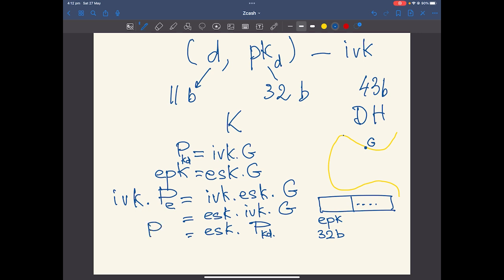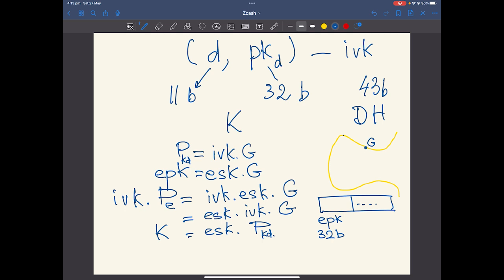Let's call it K. So this is our K. He gets a K, and if as a receiver I use my secret key IVK and I multiply by EPK, this guy here, I also find K. So there are two ways to find the same value K.